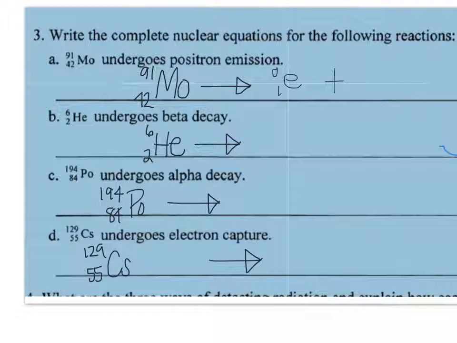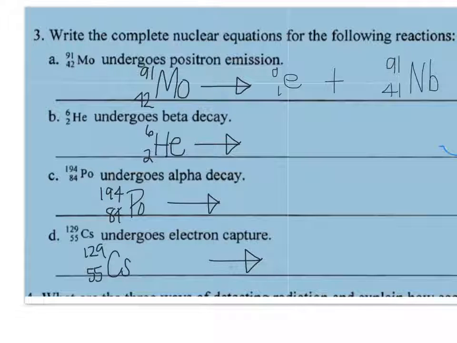So we need to figure out what plus 1 is going to equal 42. And of course that's going to be 41. So we'll write 41 on the bottom. And then of course the atomic number does change, but the mass number does not change. And so it's going to be 91 on the top. And if we look that up on our periodic table, we'll see that that is Nb. And so now we would double check that and it would be balanced.